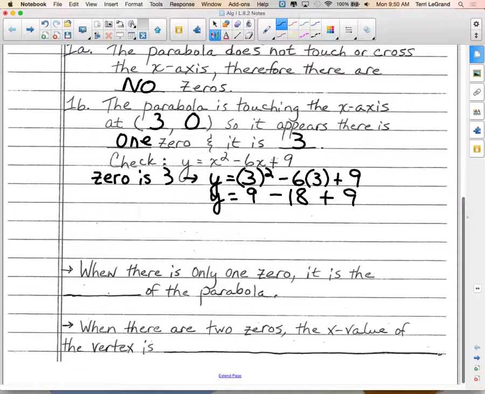Add 9. What is 9 take away 18? Negative 9. What's negative 9 plus 9? 0. It checks out as being a 0 because it made the function equal 0.